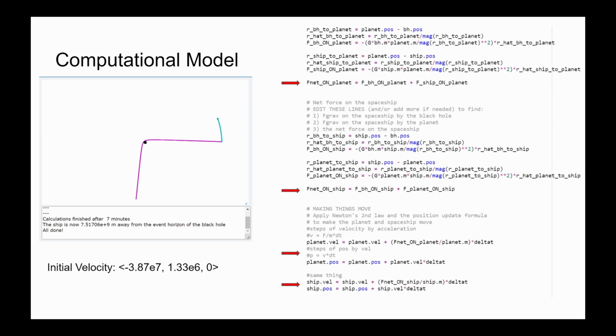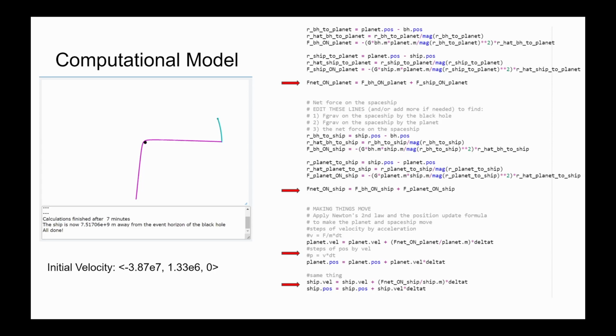planet, which you can see given by the extra r hat line used to define F BH on planet and F ship on planet. And then the next force value is the F net on ship, which is F BH on ship plus F planet on ship. And again, we use those extra r hat lines to help define those values.